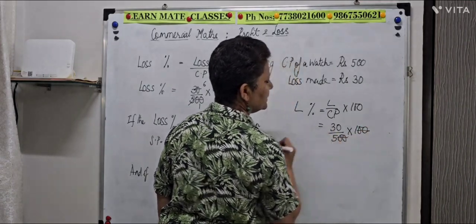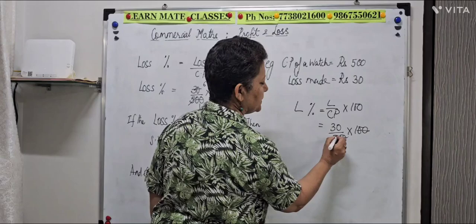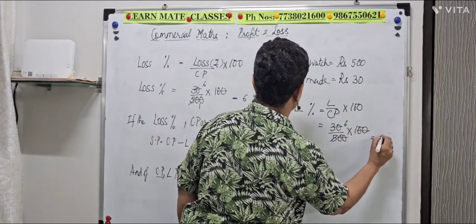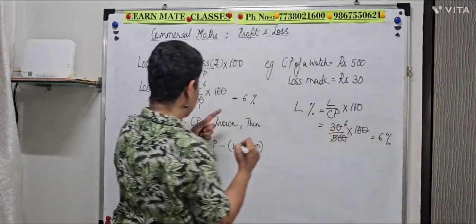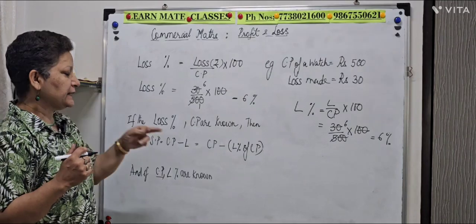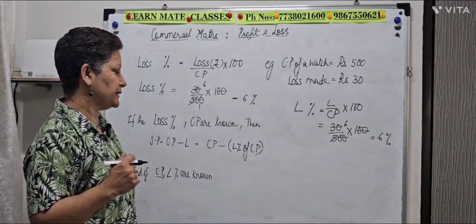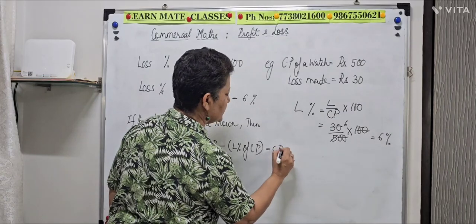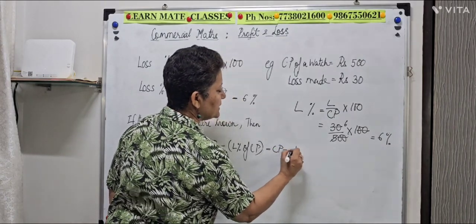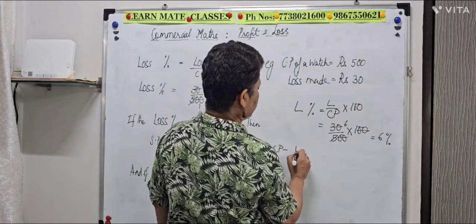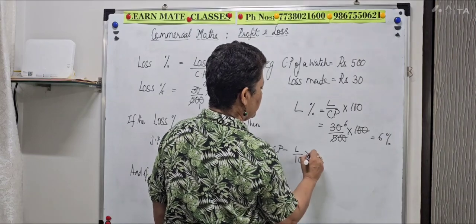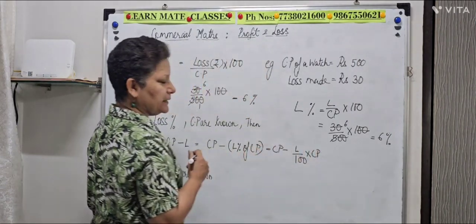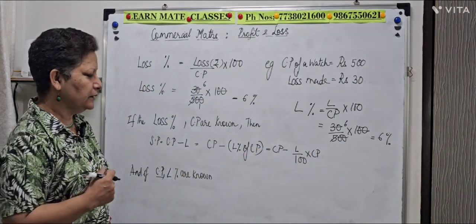The zeros cancel, and this becomes nothing but 6%, which we have already calculated. Now, if I say CP minus loss percent of CP, and write this in terms of my formula, this is CP minus L percent of CP. Percent is nothing but L upon 100.